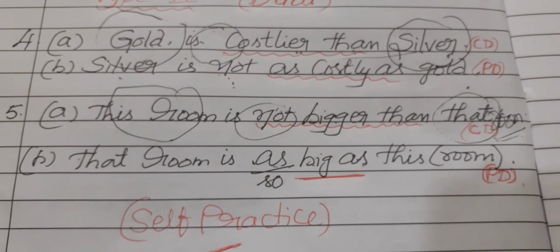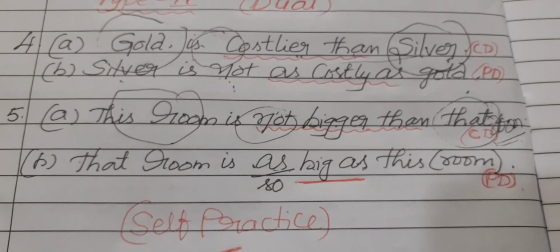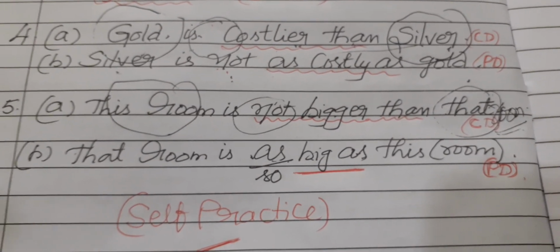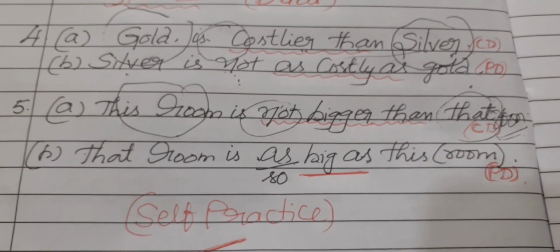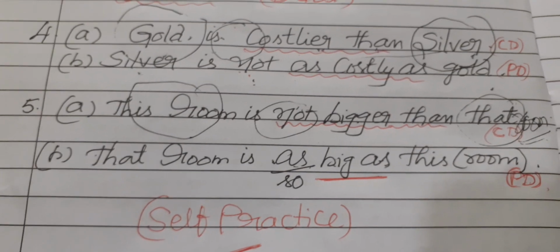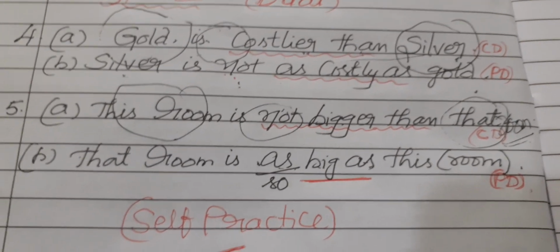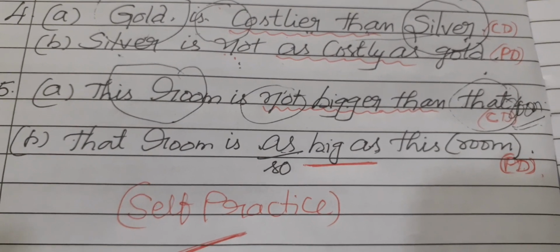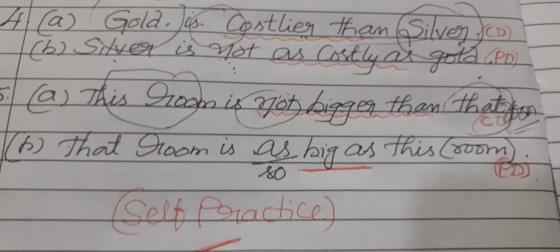Okay, many more. William Wordsworth is greater than John Keats. John Keats is not as great as William Wordsworth. Okay, like that. Ooty is more beautiful than Kodaikanal. Kodaikanal is not so beautiful as, or as beautiful as Ooty.